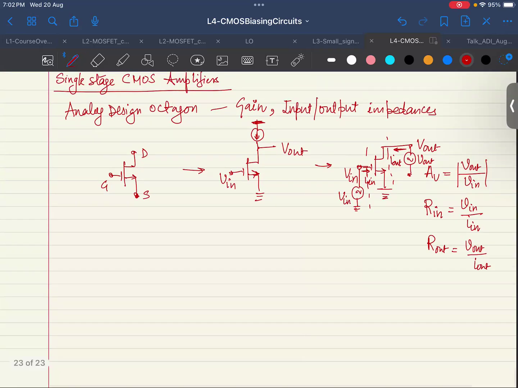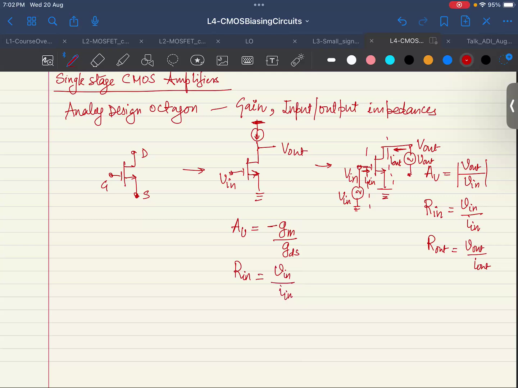Now, for the common source we have calculated the gain. You can just draw the small signal model for this, but we have already calculated it. It comes out to be gm by gds. What is the input impedance, R in? When you apply a small signal voltage Vin, there's a small signal current flowing.